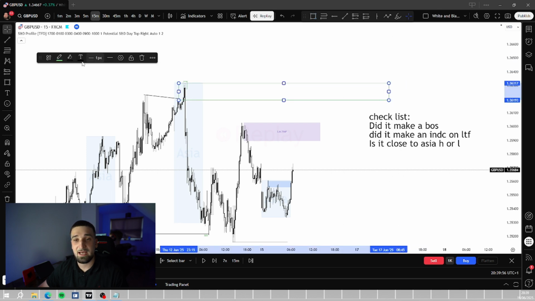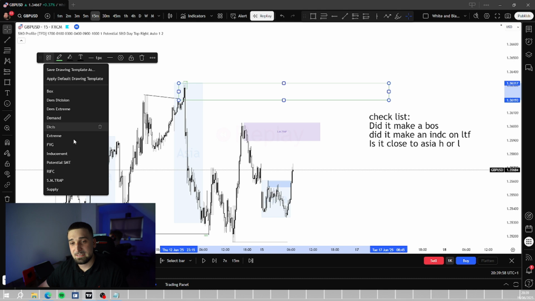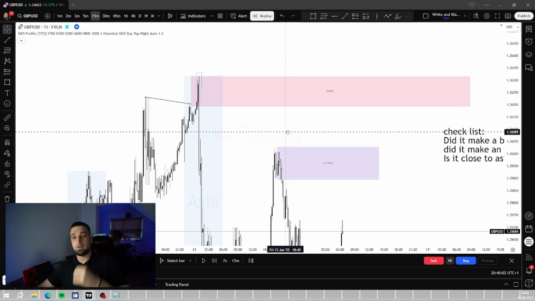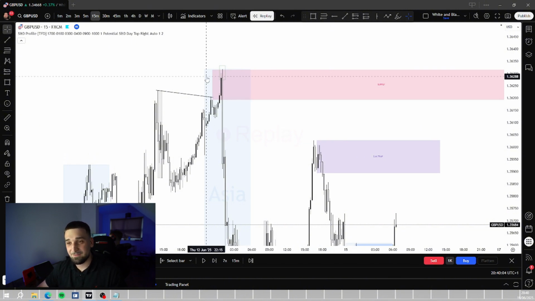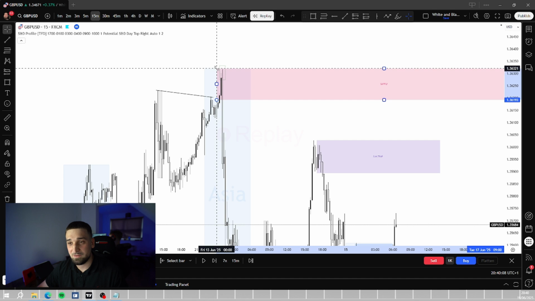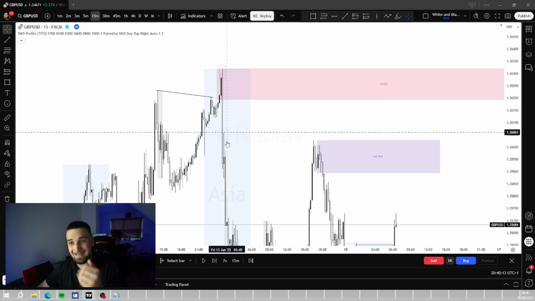The way I normally mark supply and demand zones is looking for the very last candle before it starts going bearish. And what I like to have before it, I like to have some sort of engulfed candle, meaning that the candle that I'm marking out is much smaller than the next candle.